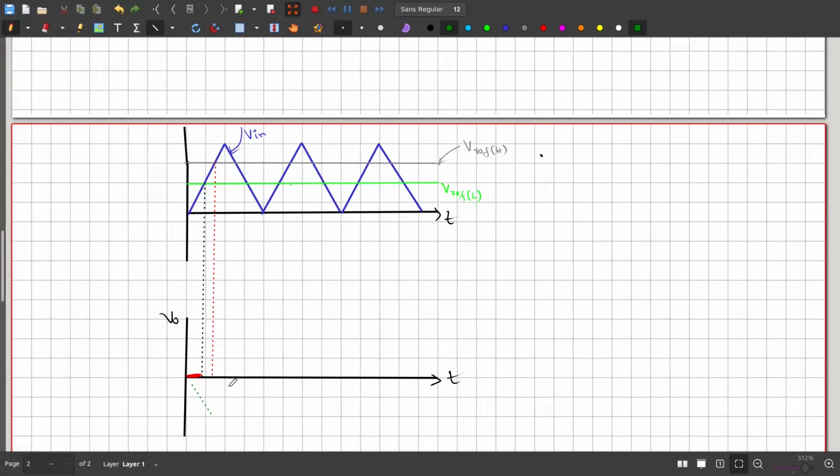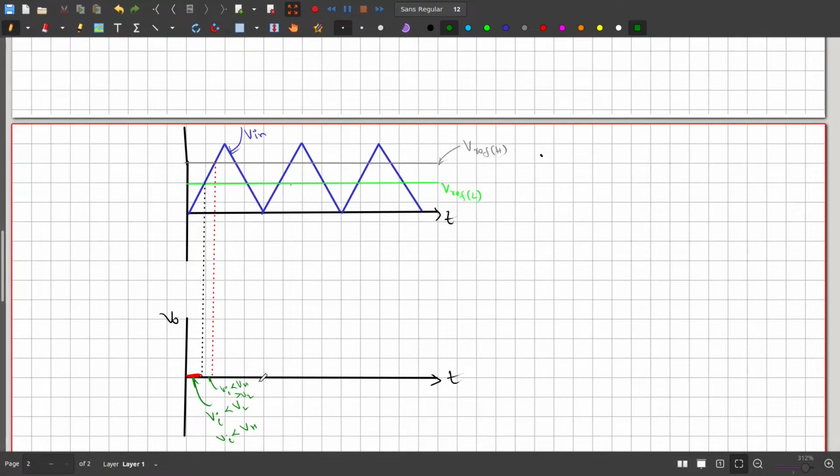Here Vi is less than VL and Vi is less than VH. Here Vi is less than VH, but it is greater than VL.